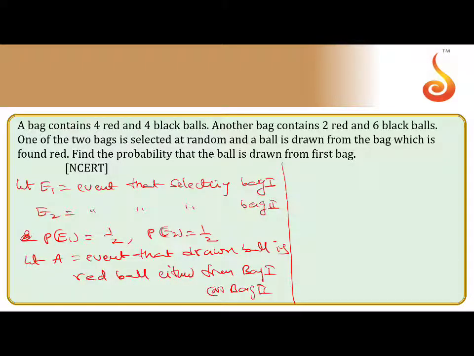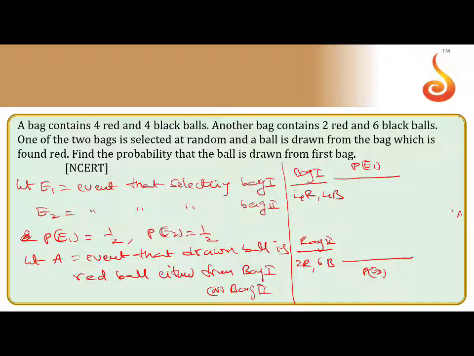So let us display the thing to get more idea. Bag 1 has 4 red and 4 black balls, and you can select the bag with probability P of E1. Bag 2 has 2 red and 6 black balls, selected with probability P of E2.